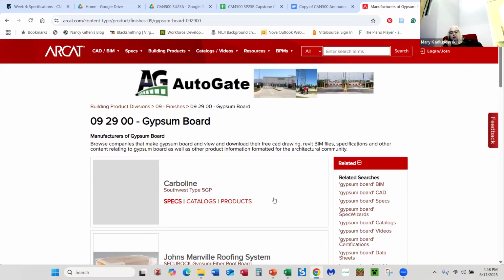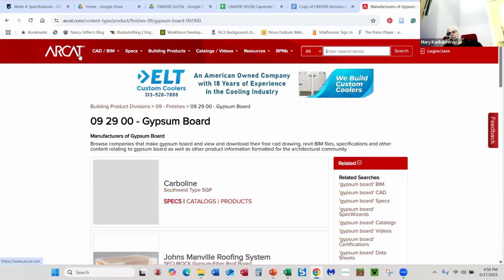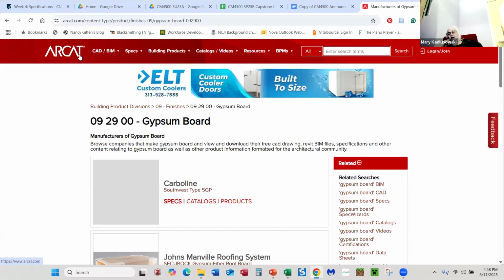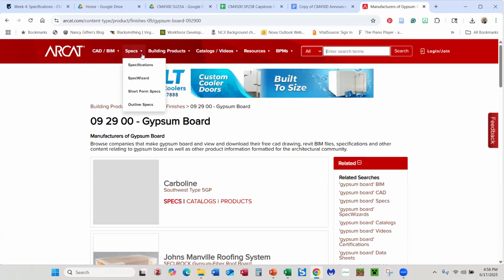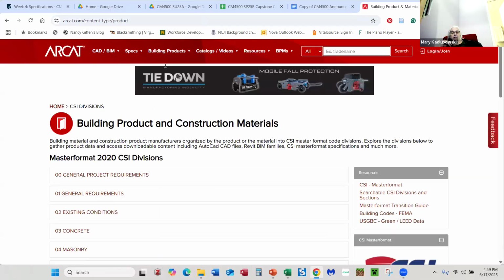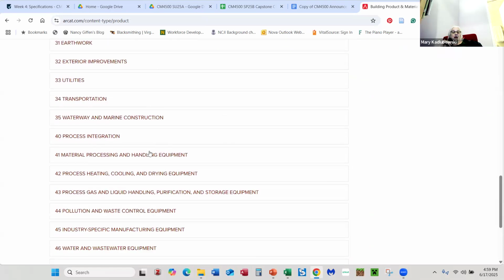This is where you can find lots of information about particular products if you need it. When I was working at my MEP company, they had their own, but this looks like a wider range of industries. Yeah, they have everything, all the divisions that they cover.